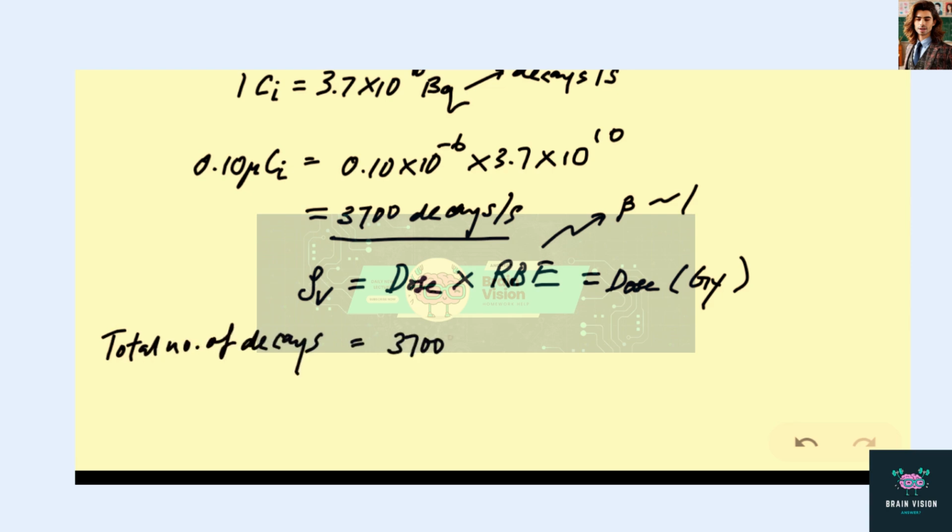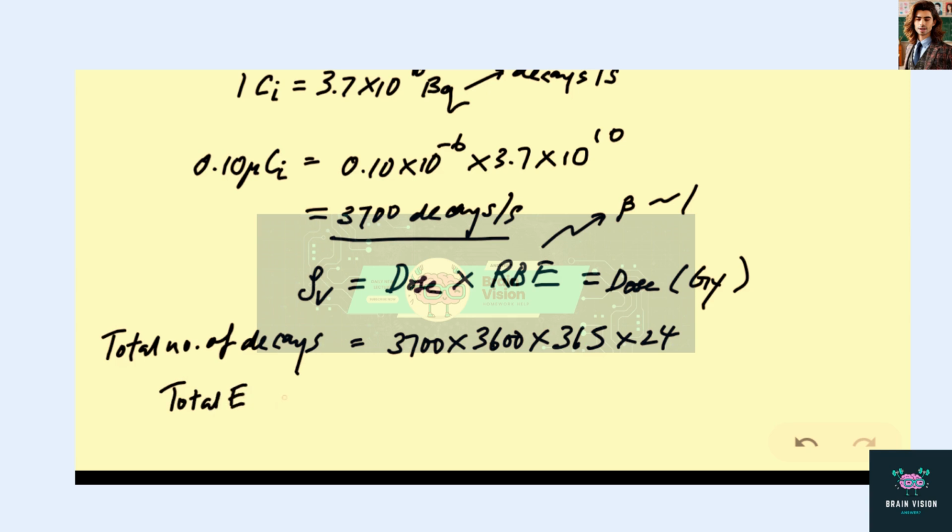That is 3700 multiplied by the number of seconds in an hour, sorry, the number of seconds in an hour. So we still have to multiply that by 24, right? 24 hours a day. Then 365 days a year. This is the number of decays in a year.